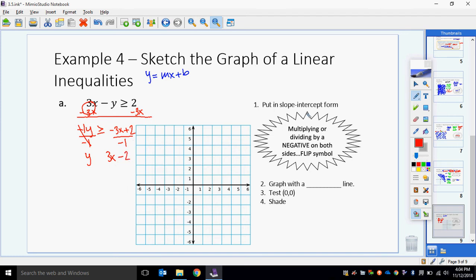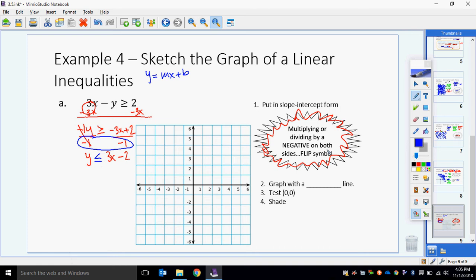Now there's one thing I want you to make sure of when you're working with inequalities. Multiplying or dividing by a negative number on both sides, we need to flip that symbol. Remember, we talked about this in chapter 1. I divided by a negative number. I'm going to flip the direction of my arrow, of my inequality symbol.